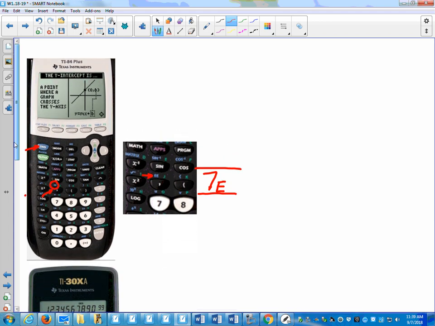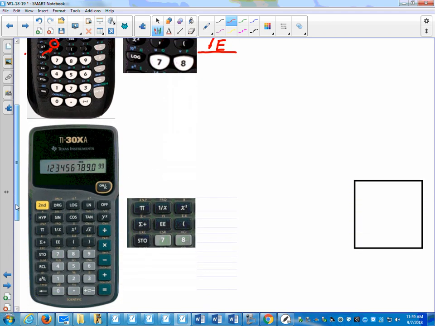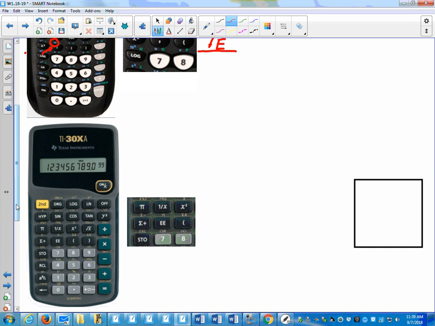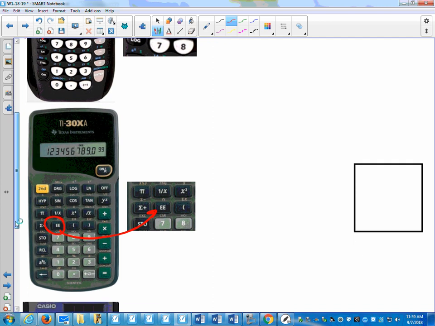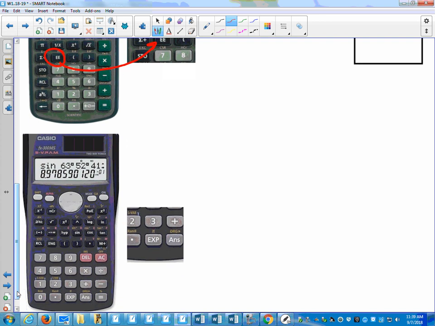All right. You're like, oh, well, I don't have that fancy calculator. What about the TI-30? TI-30's got it. It's got that EE button too. Now listen, I'm not throwing it back that far. Got one of those Casio joints. There it is. Okay, well, guess what? This has it too.